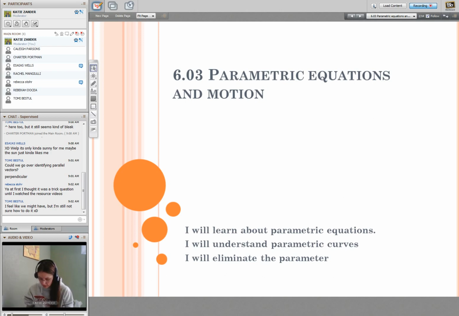I see perpendicular. So just give me a moment. We'll do some digging.